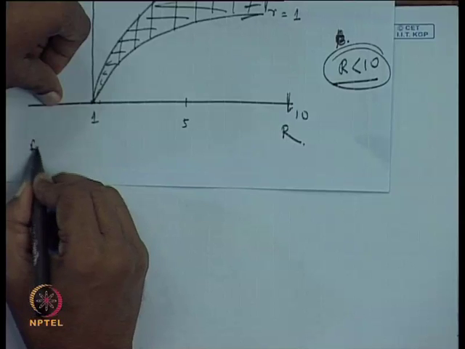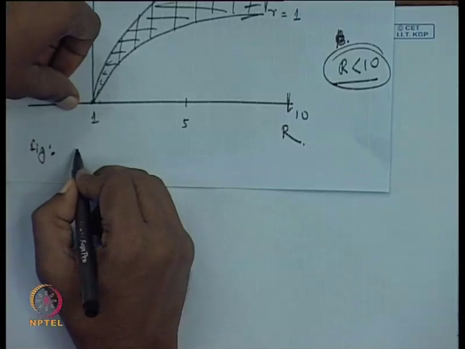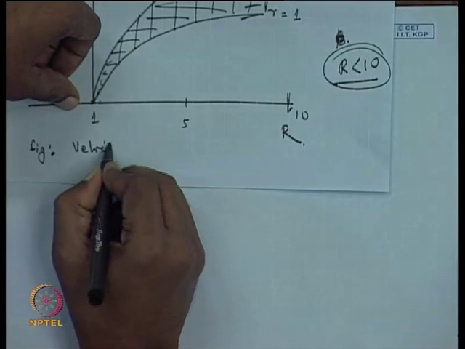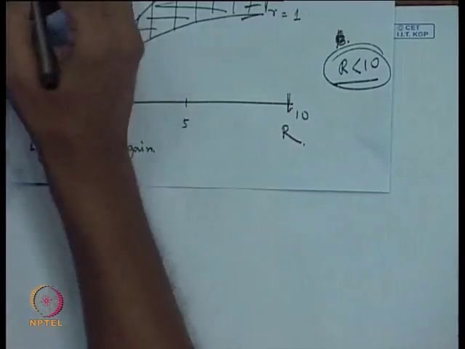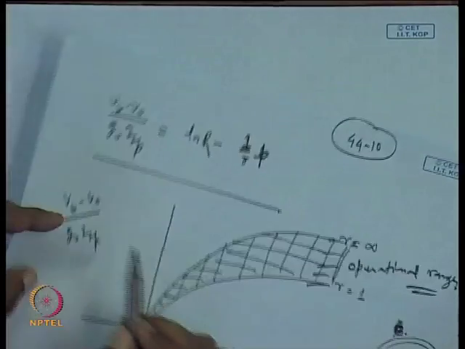So, this figure we will term as the velocity gain. Velocity gain means Vb minus V0 is your velocity gain.